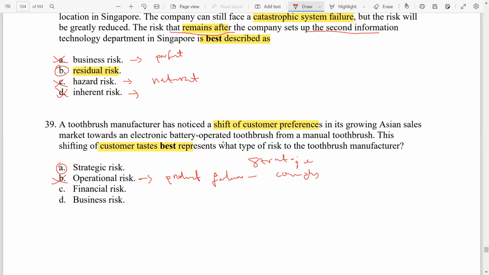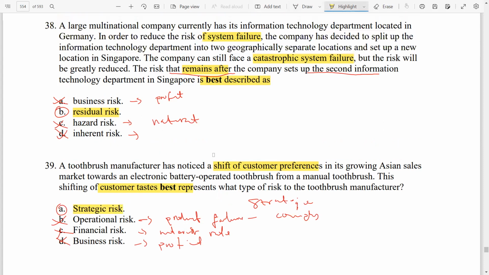Financial risk is the risk that affects assets and liabilities based on changes in the financial market, like interest rates and other things. So that's not the correct one. And business risk is the risk that the company may not make profit. So from this, the correct answer is A, strategic risk.